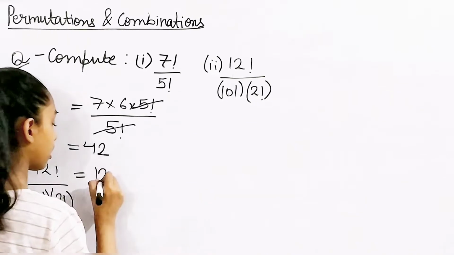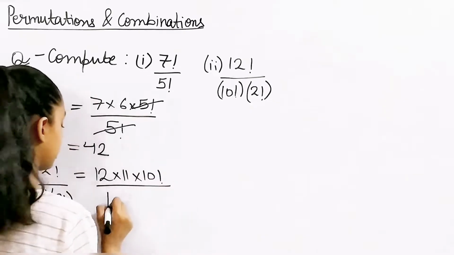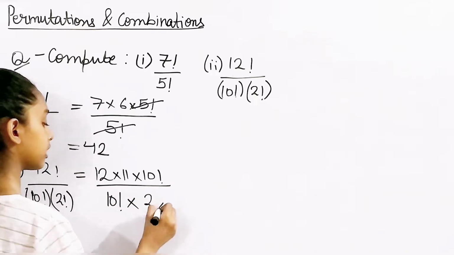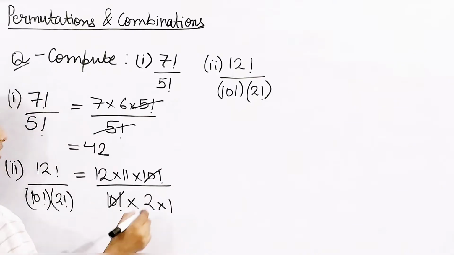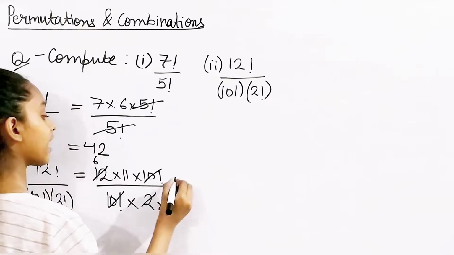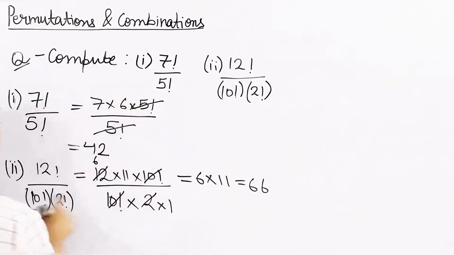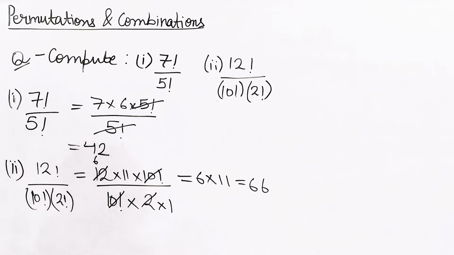So 12 into 11 into 10 factorial by 10 factorial into 2 factorial, which is 2 into 1. 10 factorial cancels with 10 factorial. What's left? 2 and 12. We can cancel it, so it's going to be 6 into 11. 6 into 11 is equal to 66. So this is our answer. We're over with this question.